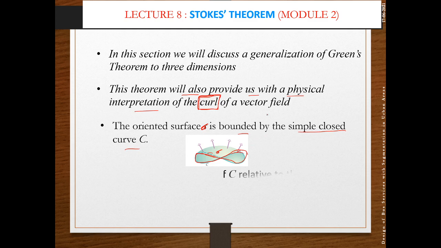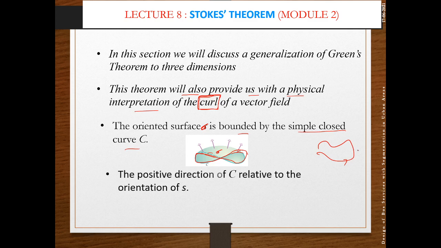Now, as we have in the plane case, there will be positive and negative orientation. Similarly, for the boundary of a surface in the three-dimensional case, there will be positive and negative direction.